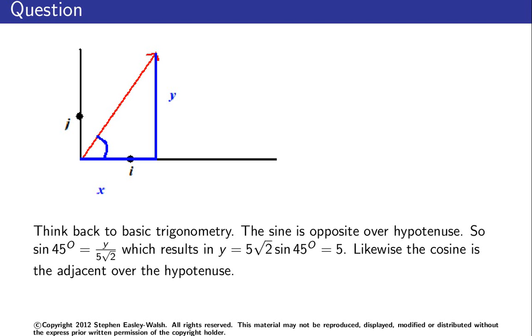Likewise, the cosine is the adjacent over the hypotenuse. So cos 45 equals x over 5 root 2, and so x equals 5 root 2 cos 45. So in this particular case, you get x is 5 also. So we have found the answer. The red vector is 5 i's and 5 j's added together.